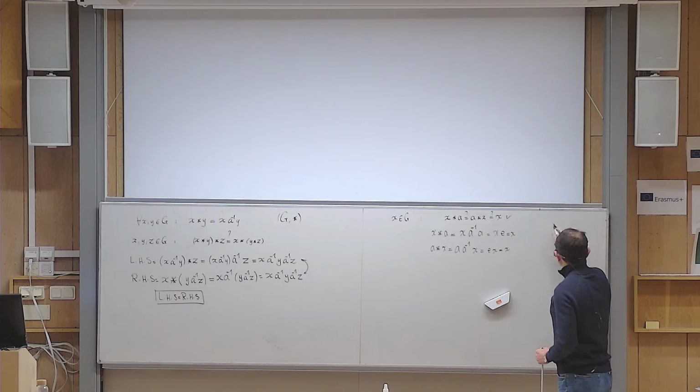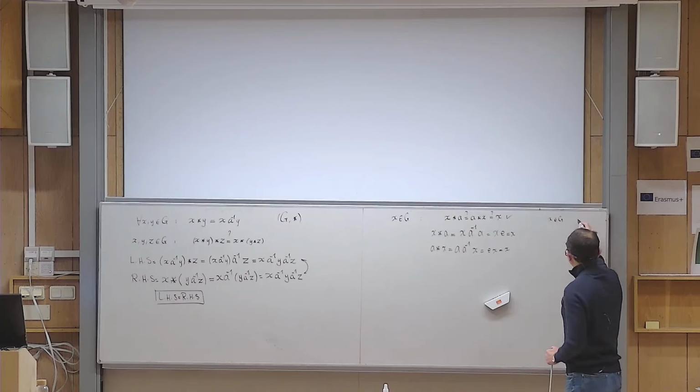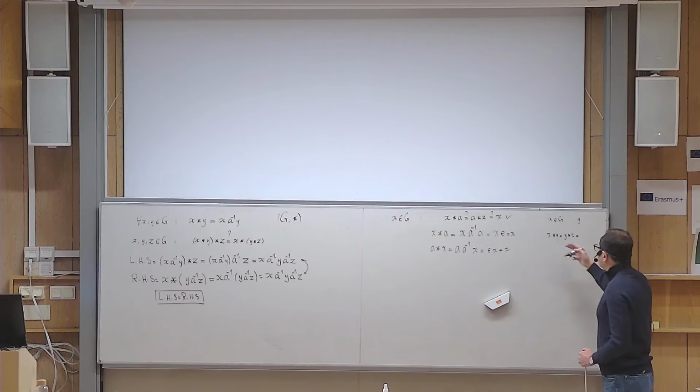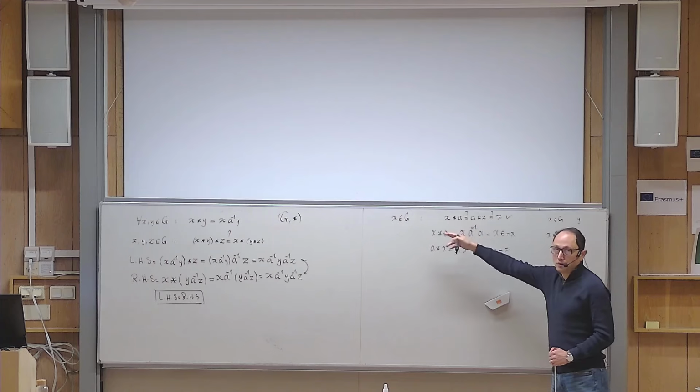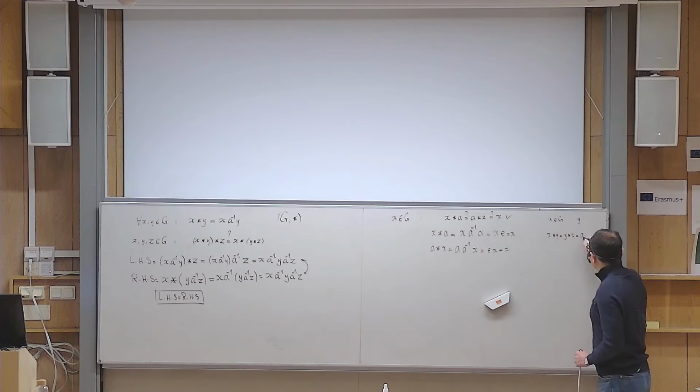My goal is to see that, okay, if you give me x from G, can I find another element, let me call it y, so that x star y becomes y star x, becomes the identity of the group. But we realize the identity of the group with the new operation is A. So I am looking for this y.